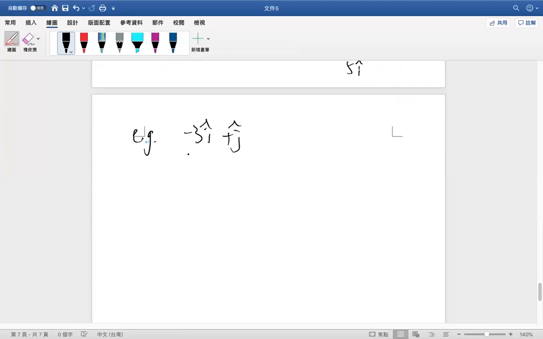Remember, the negative of a vector is the vector that points in the opposite direction. And this time we have a 3 here, which means the vector has length 3. So negative 3i is pointing in this direction. And then plus j means it points upward, like this.